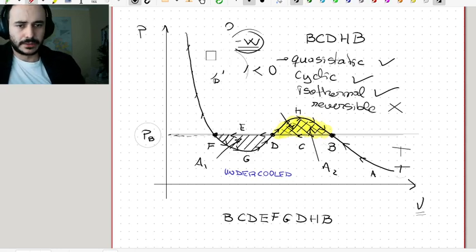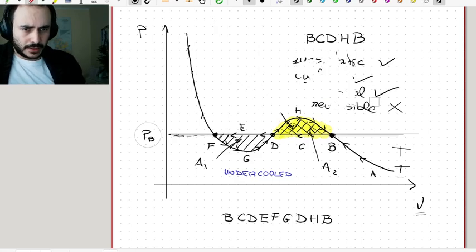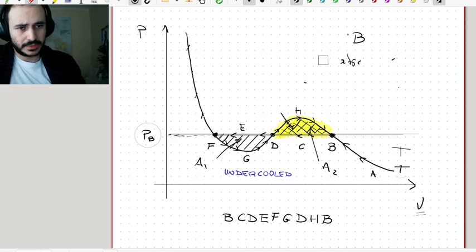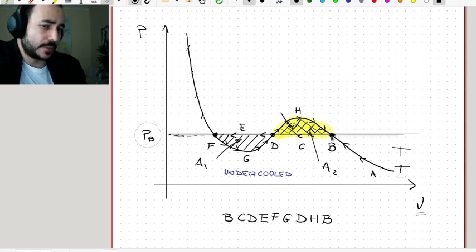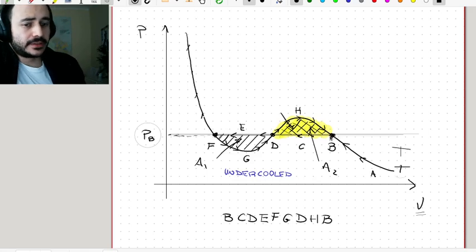So why is it not reversible? Let's have a look. If I go from B to D through C in this process, so if I take my system and let it split into two, and I start turning the gas into liquid until I arrive to this point, it will be impossible for me to jump to the supersaturated states.